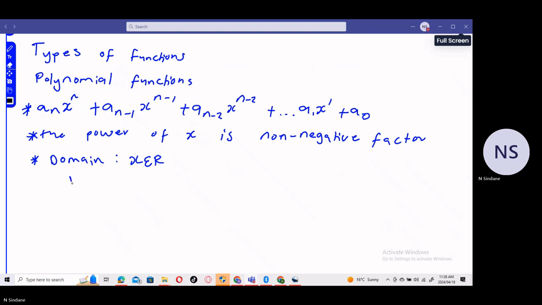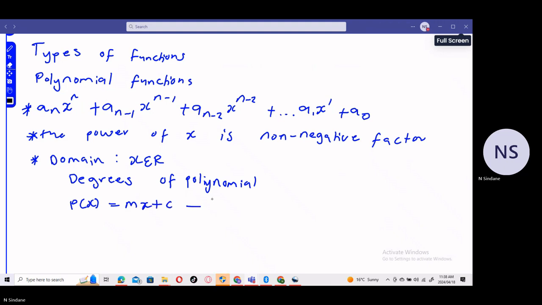Polynomials have degrees. The first degree is the one we use a lot, which is your straight line.